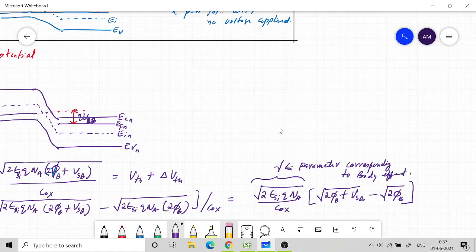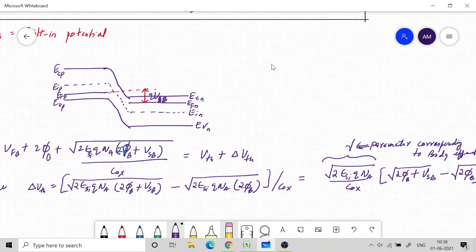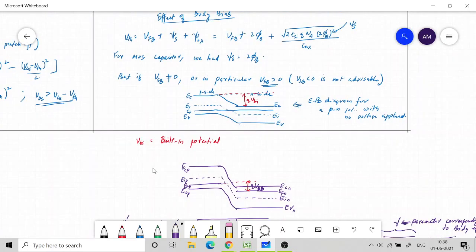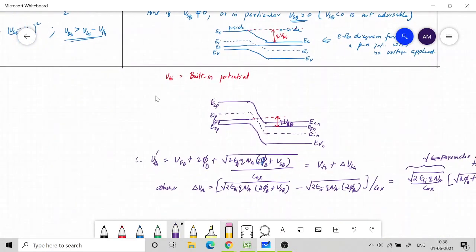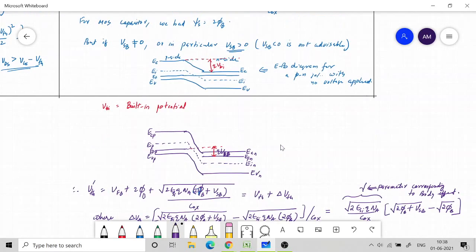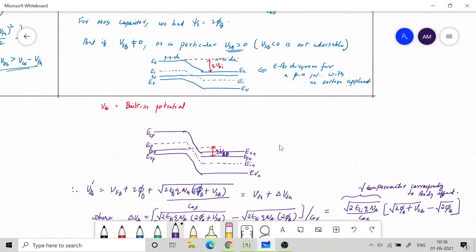Okay, so I will stop here. So we have considered the effect of the application of body bias. Body bias means if you apply a voltage between source and bulk, you cannot apply a forward bias, but you are allowed to apply a reverse bias voltage, and that effectively increases the surface potential psi s and increases the depletion region width.